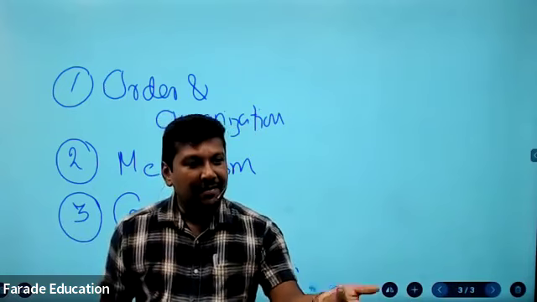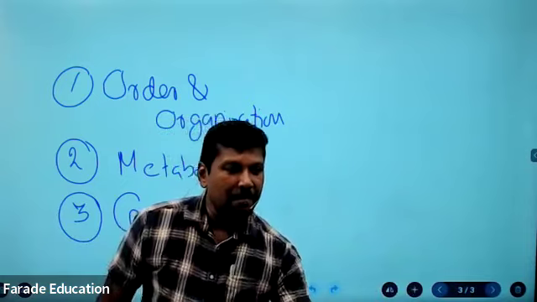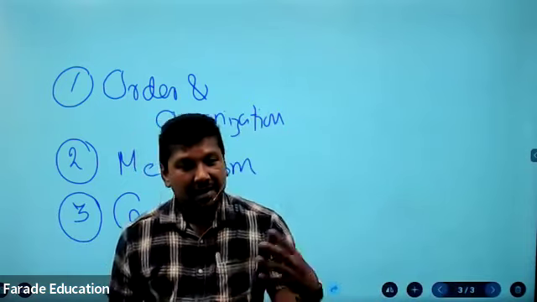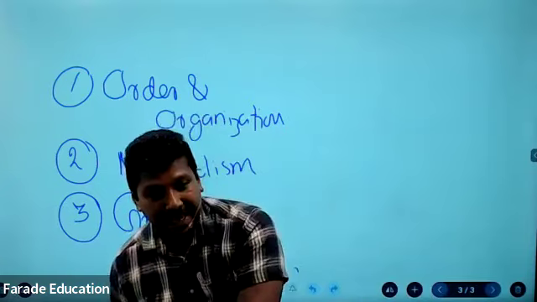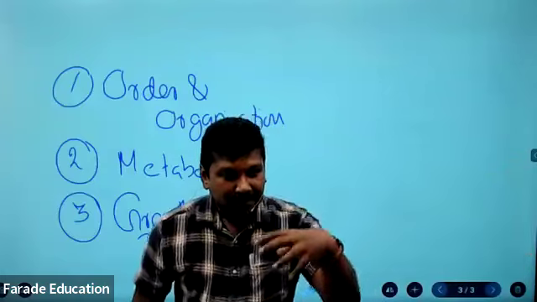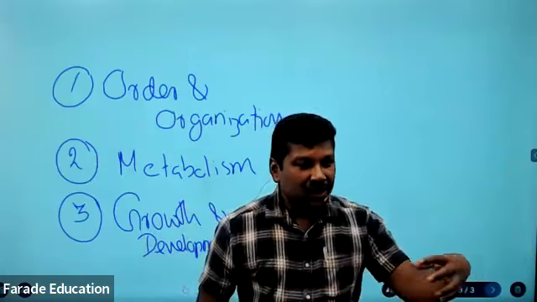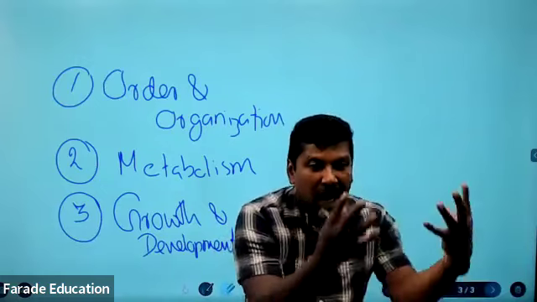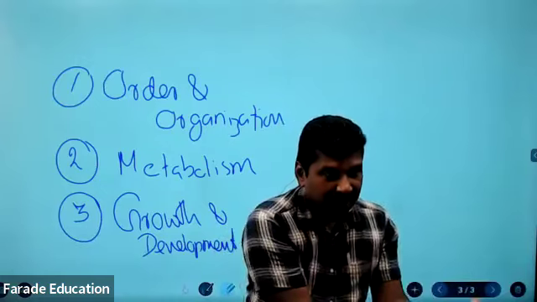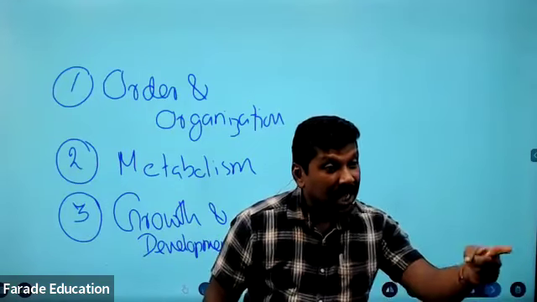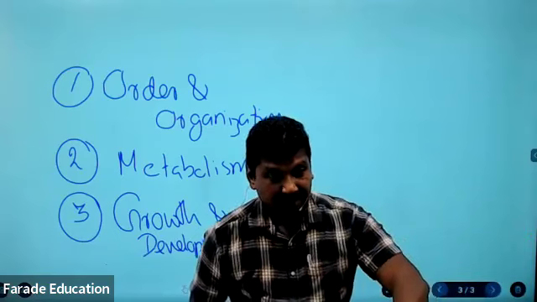That is irreversible. The butterfly doesn't come back and become a larva again. Larva doesn't become the egg again. So development means from stage to stage, you change your structure, your function, your behavior. Everything changes from step to step, which is irreversible.